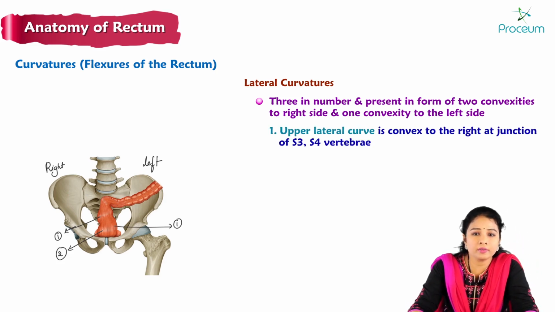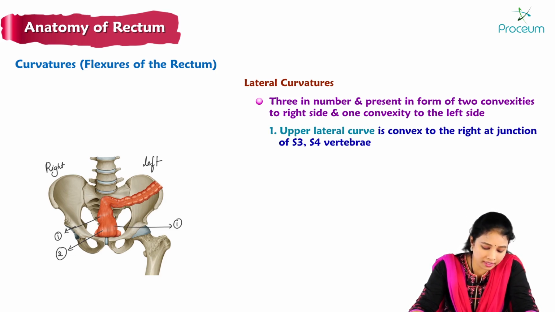So the upper lateral curvature is convex towards the right at the junction of S3 and S4.